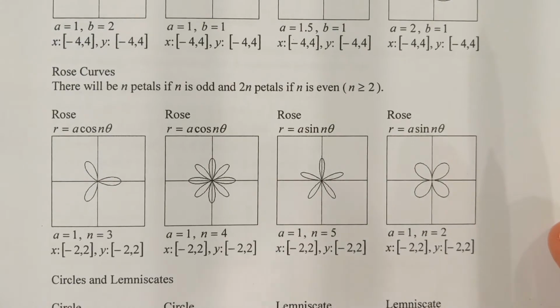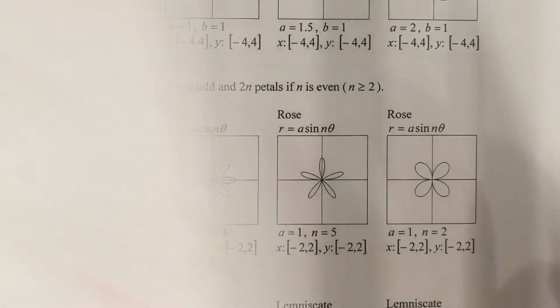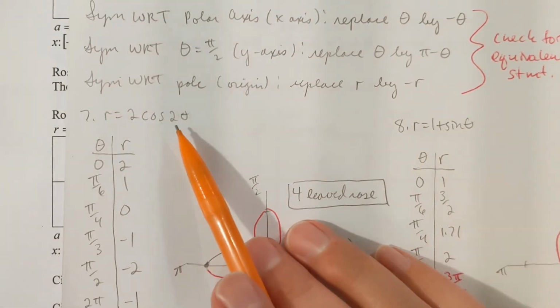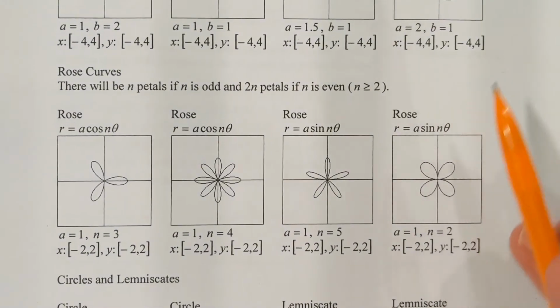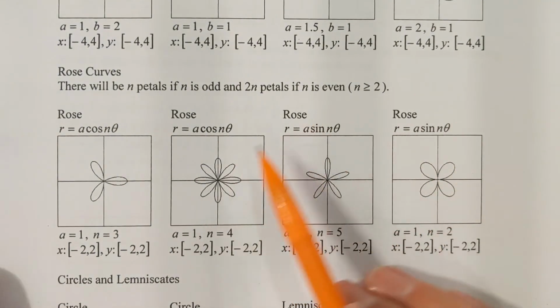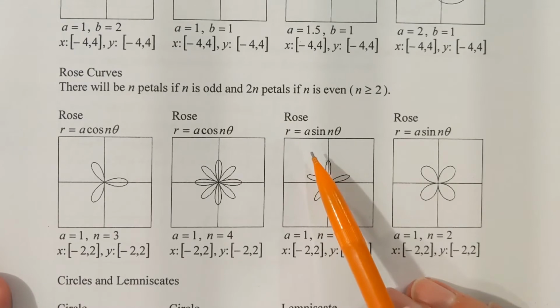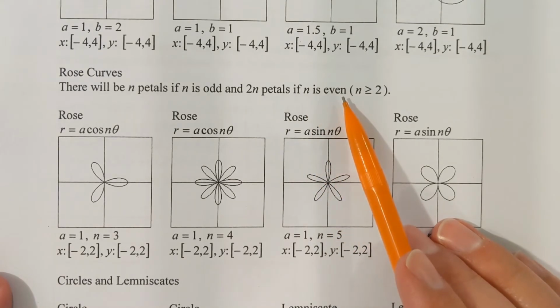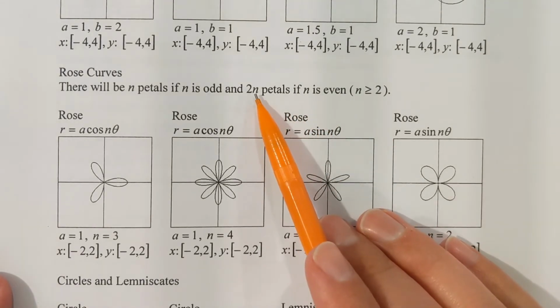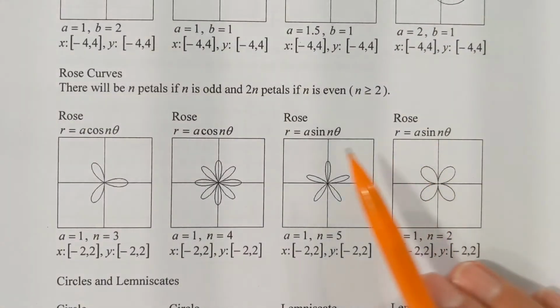So in this problem, I had r equals 2 cosine 2 theta. So I would want to know that n is even, right? So you're going to have 2 times 2 is 4 petals. That's exactly what happened here. We have a 4-leaf rose, okay?